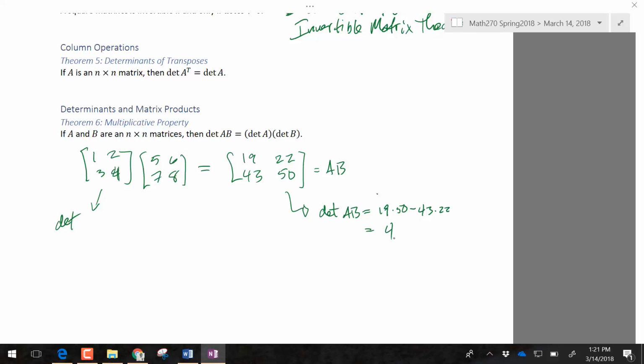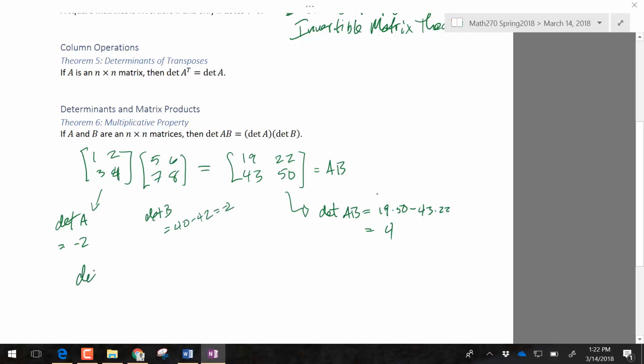Okay. So let's find the determinant of A. It's 4 minus 6, which is -2, right? And for B, we got 40 minus 42, -2.